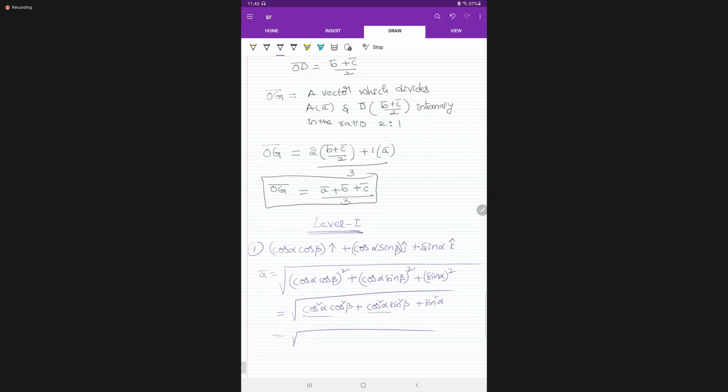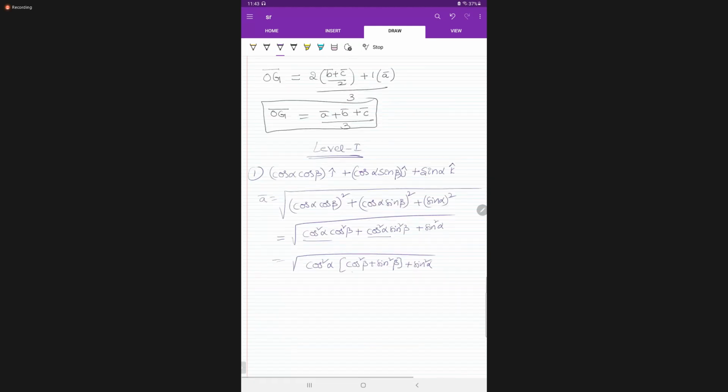From these two, take cos square alpha common. Then cos square beta plus sin square beta, which we already know is 1. What is left here? Cos square alpha plus sin square alpha, which is equal to 1.